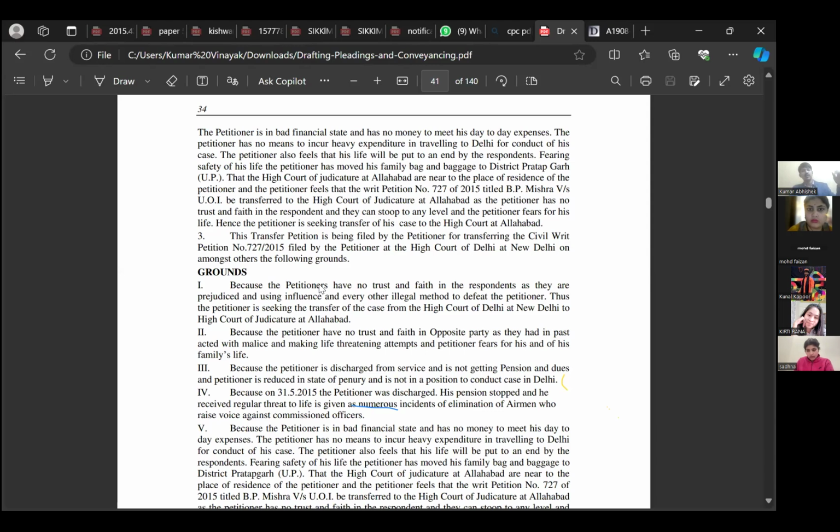Then you have to state the grounds for main relief and the grounds for interim relief. Similarly, the main prayer and then the prayer for interim relief have to be there. Finally, you conclude, and it is followed by an affidavit. So what I wish to state is that you have to be very clear. You have to follow a uniform format, and you always have to be very clear in your expression.